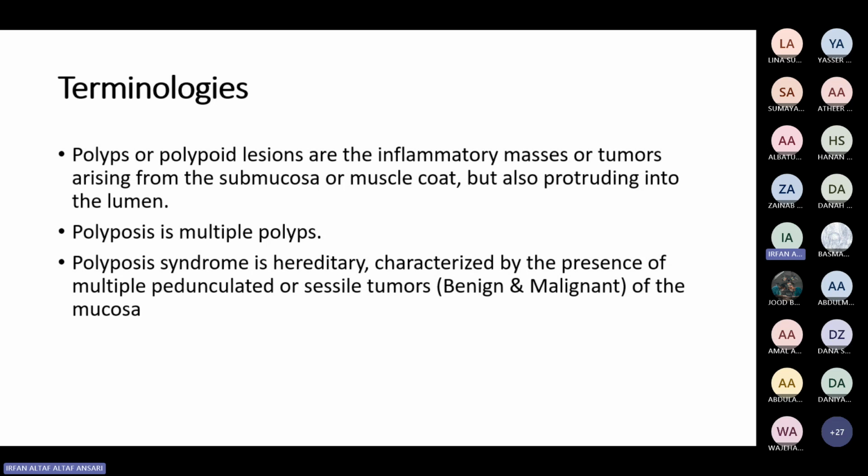Sessile doesn't have any supporting structure, it just protrudes into the lumen. So in polyposis syndrome, there are multiple, more than 100 polyps, which could be pedunculated or sessile, benign or malignant, in the mucosa of the intestine. So this is polyposis and polyposis syndrome.